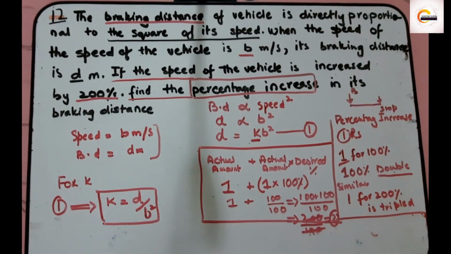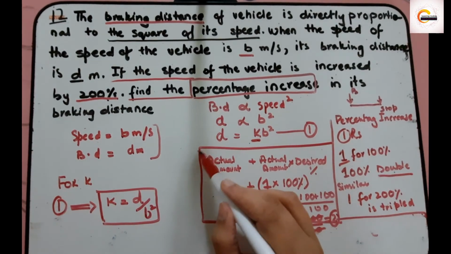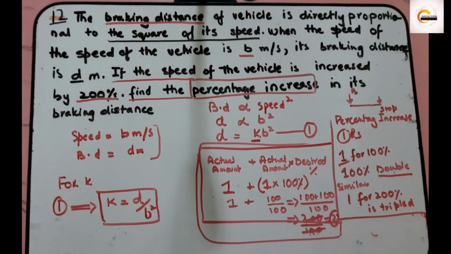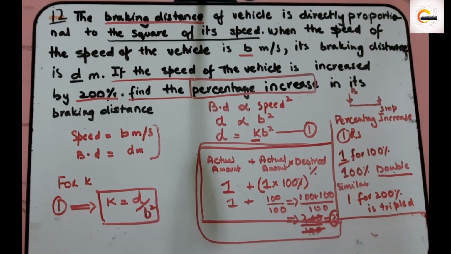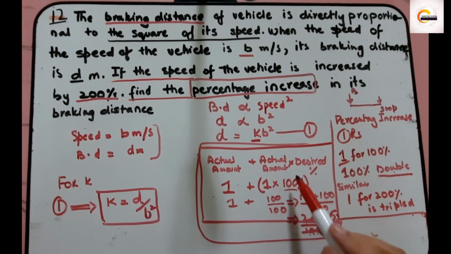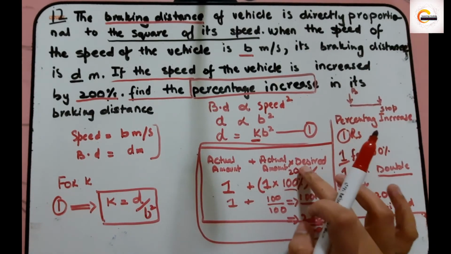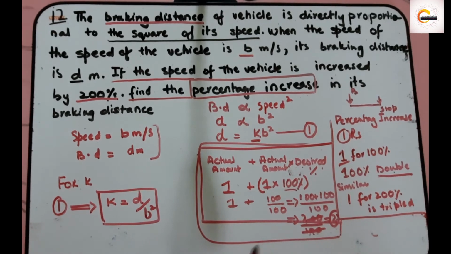I'm telling you this concept just because by any chance, in any question, if instead of 100% or 200%, you get 20%, or let's say 4%, you know how to solve it.